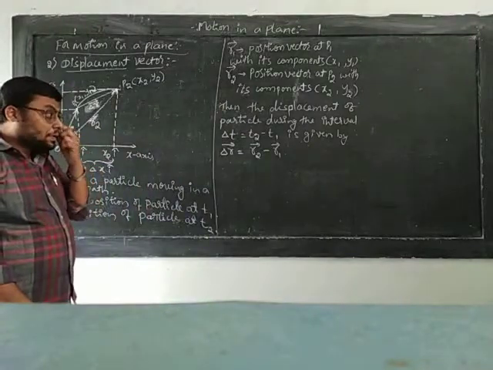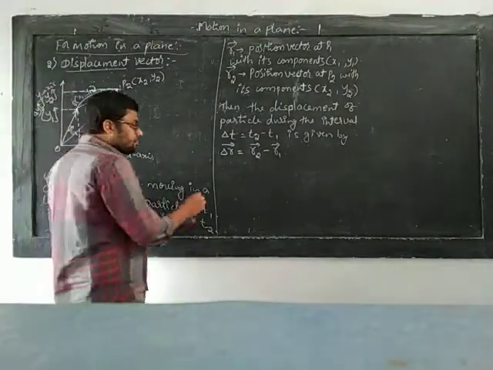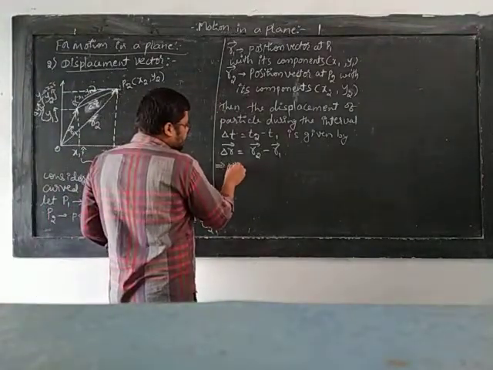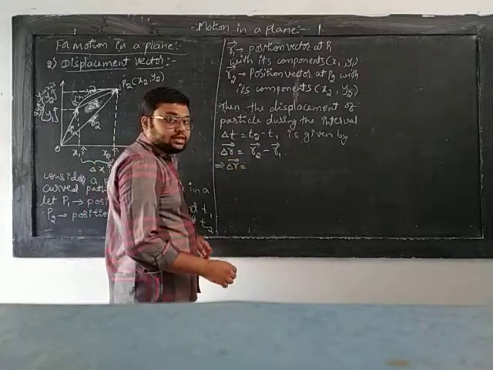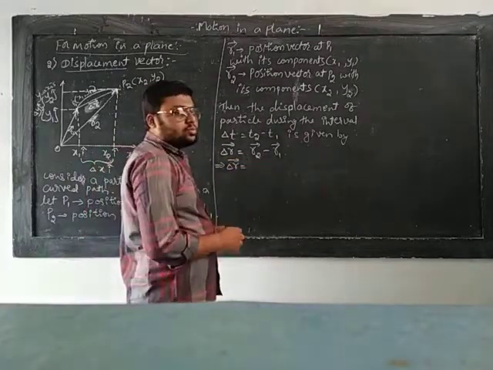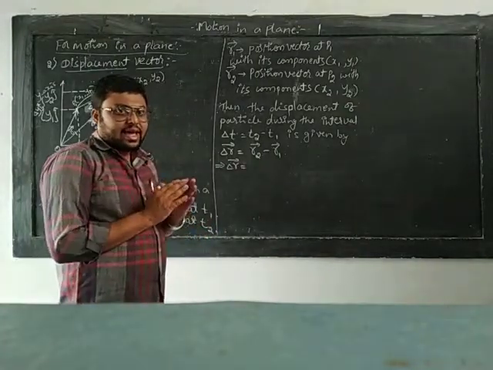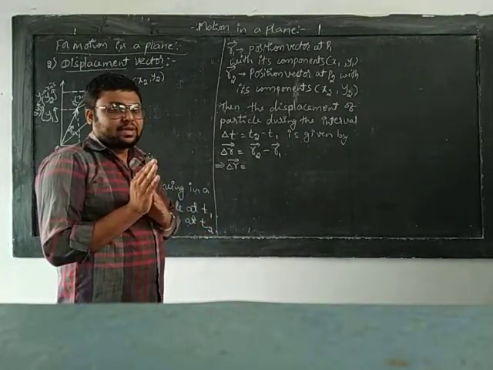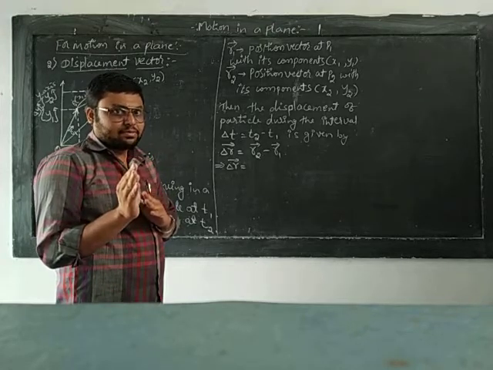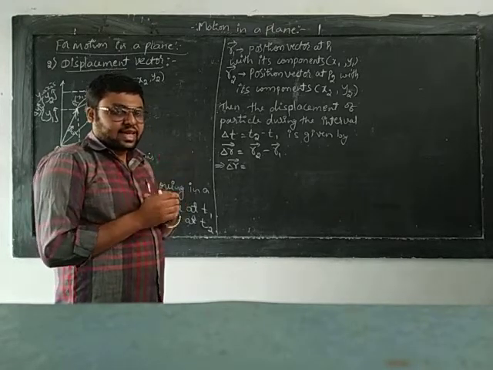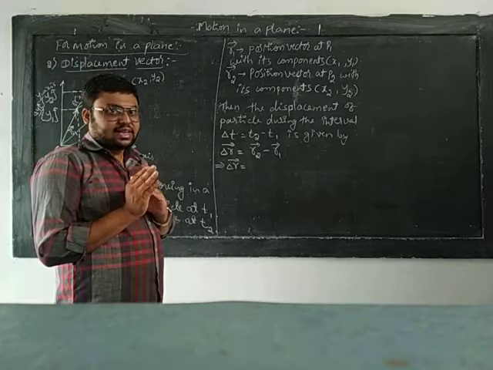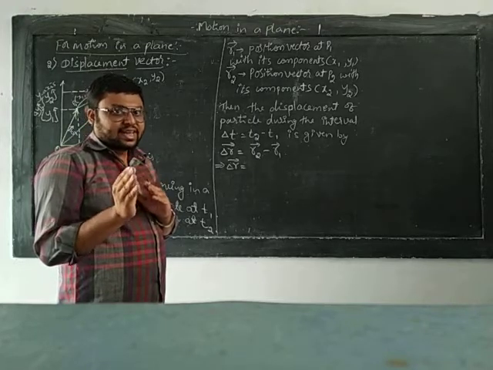So here, delta r vector is equal to r2 minus r1. How can we write r2? In the previous case, r has been written as x i cap plus y j cap.